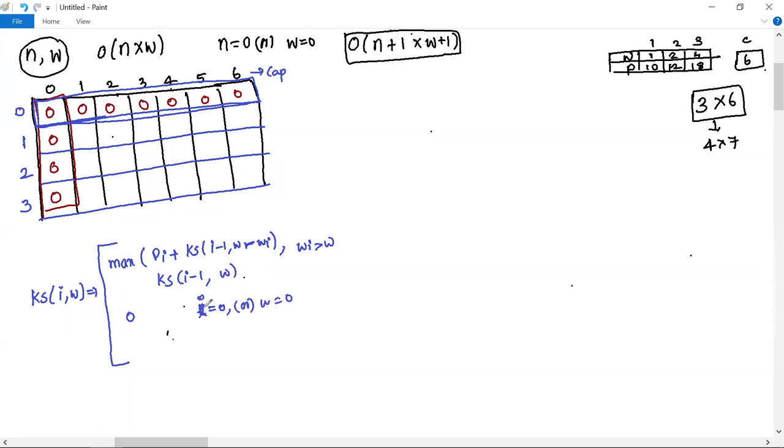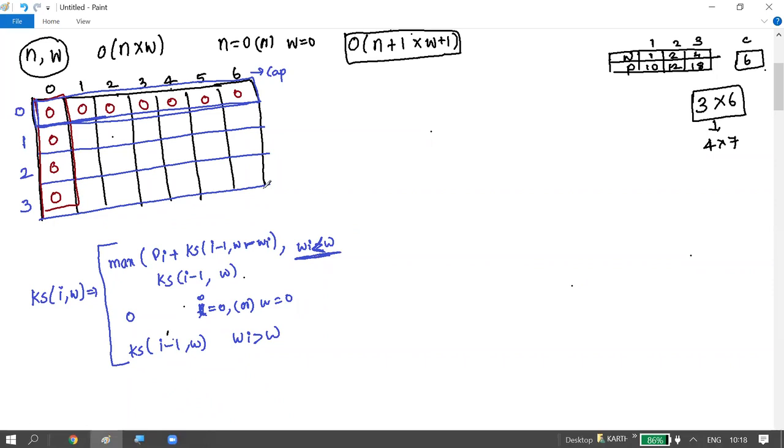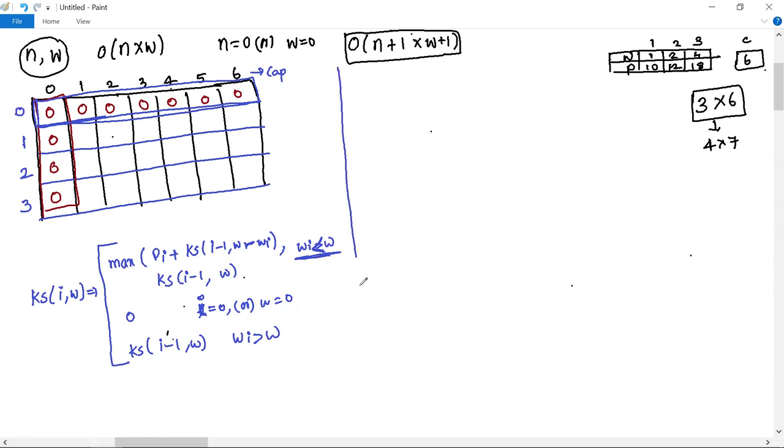Next, knapsack of I minus 1 comma w, when wi is greater than w. With this, we are able to understand each and every problem carefully, right?